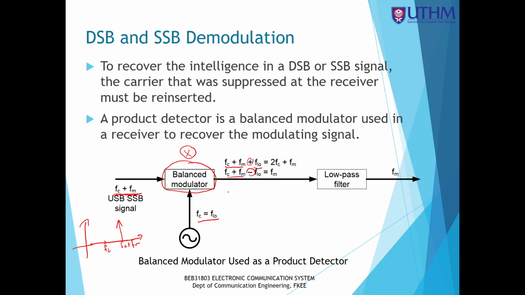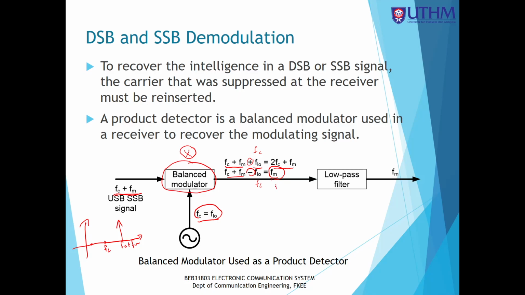Since FLO is the same frequency as the carrier frequency, FC plus FM plus FC gives 2FC plus FM, which is high frequency. The other one is FC plus FM minus FC, which produces output FM, the frequency that we want, the original message frequency.